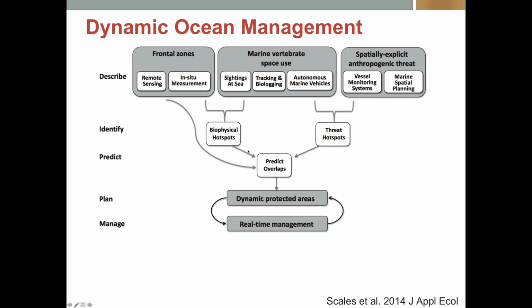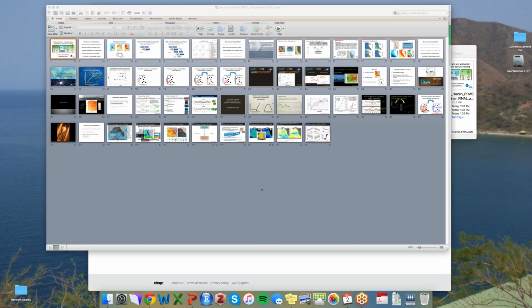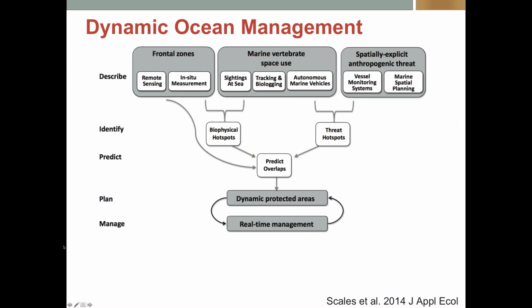Put together, this allows you to predict overlaps, which can be done on a static basis, but in the example here, because we have the species habitat relationships, we can do this in a more dynamic framework. And by doing that dynamically and collecting more remotely sensed data in essentially near real time, daily to weekly timescales, we can come up with an approach for risk analysis and in turn real-time management that ends up being much more in near real time.